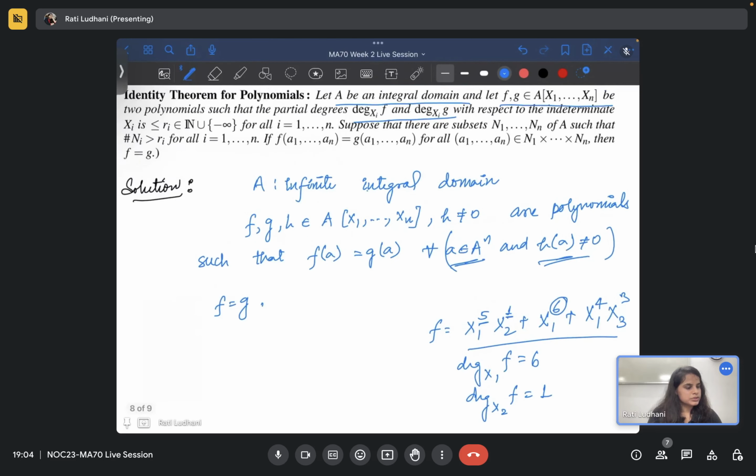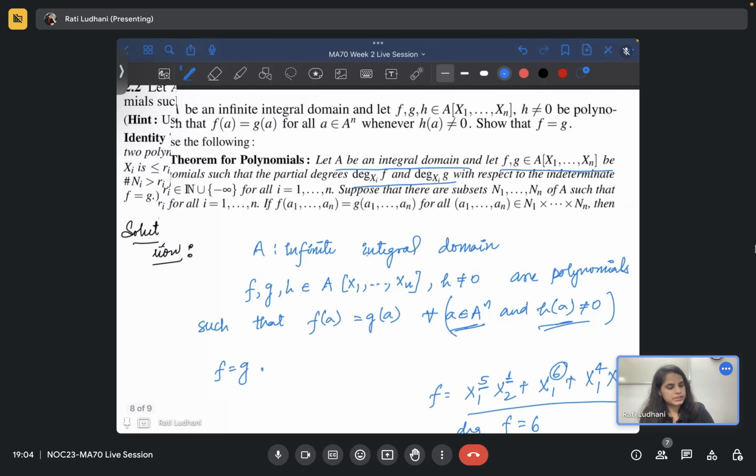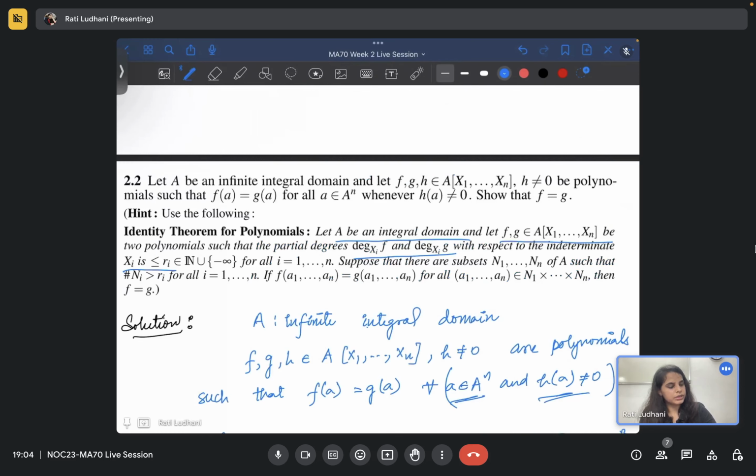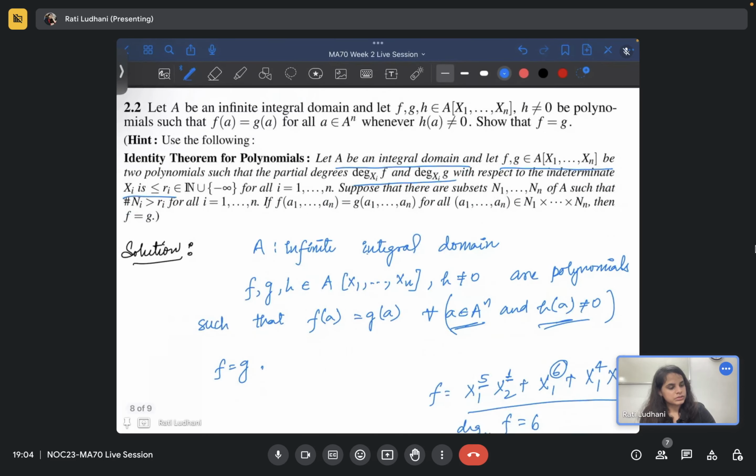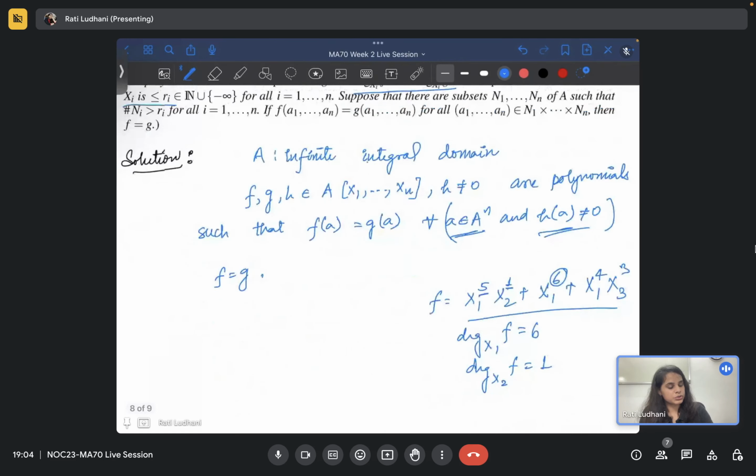So with respect to the indeterminate xi is Ri. So you have degree of xi such that this is less than or equal to. I'm just explaining the statement of the identity theorem.